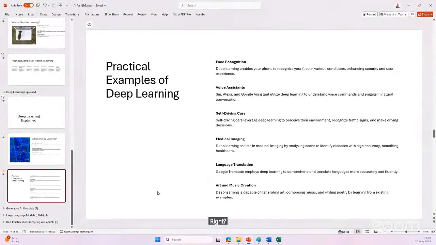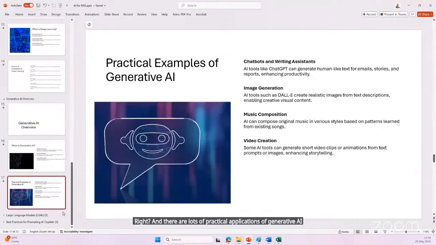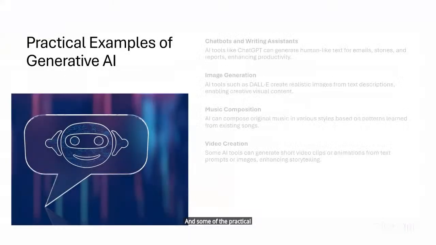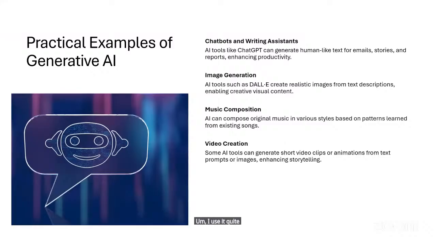There are lots of practical applications of generative AI, of course, and some of them would look something like that. I use it quite extensively for composing images. So I can probably do that for us quickly.